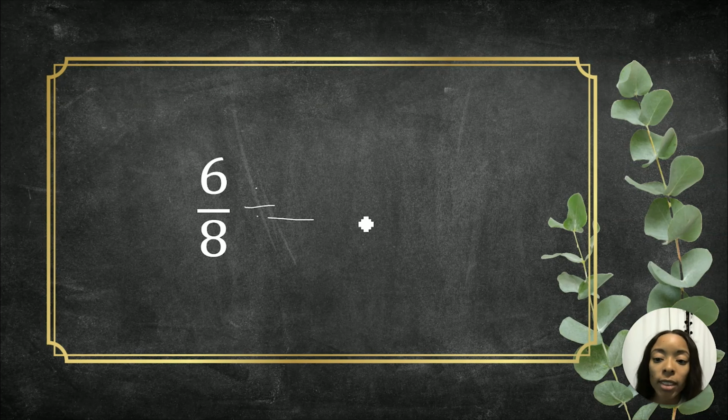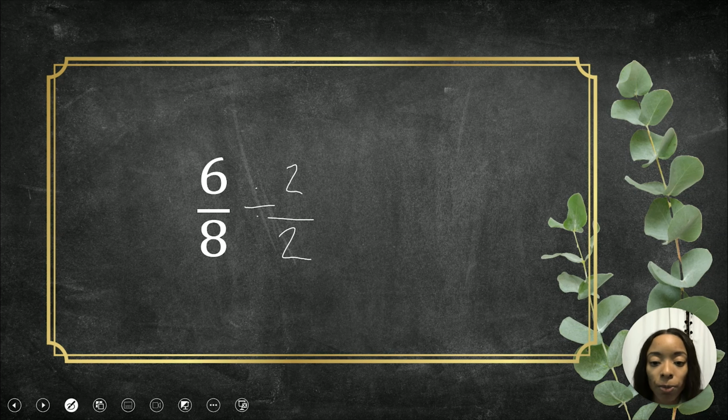So in this case, both of these are even numbers. I'm going to divide them by 2. So 6 divided by 2 is 3, and 8 divided by 2 is 4. And that's how we can both generate equivalent fractions and identify them.